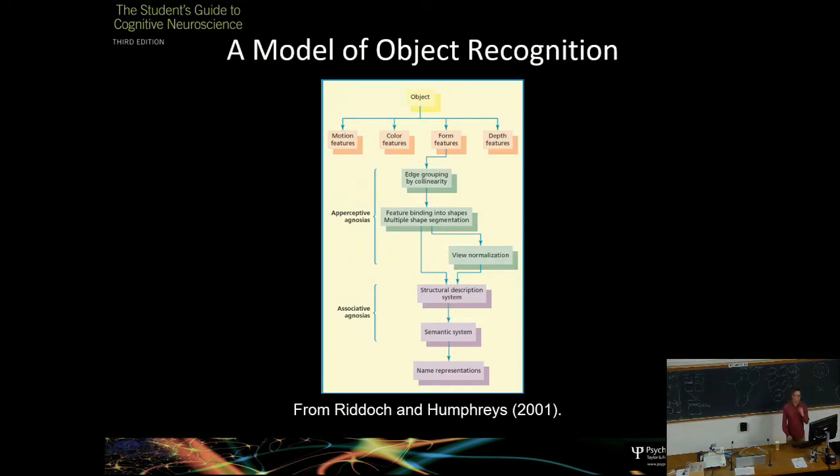A simple model of object recognition is along these lines: you've got an object that is decomposed into multiple parts according to these specialized regions. You have separate regions for motion and colour. But the thing that's probably most important for recognizing objects is its shape, which is here, the word form. Depth is obviously important, mainly for reaching and so on, rather than necessarily recognizing.